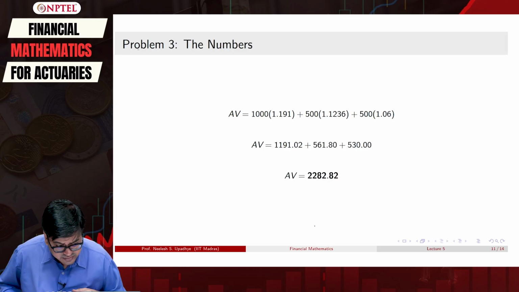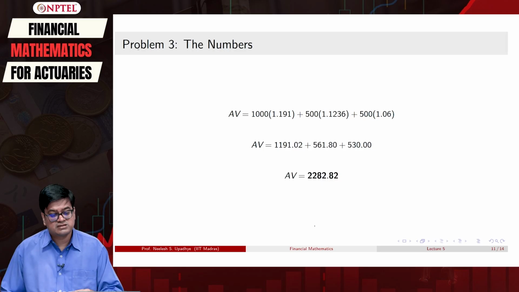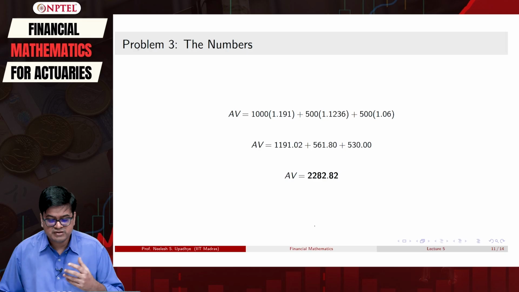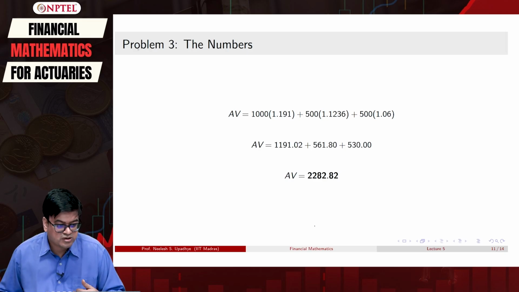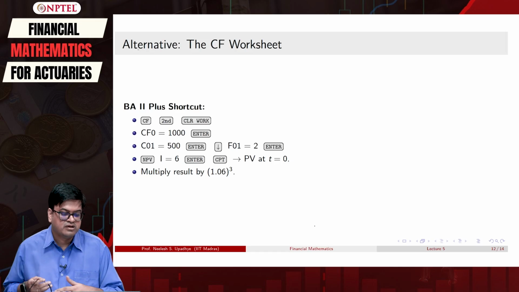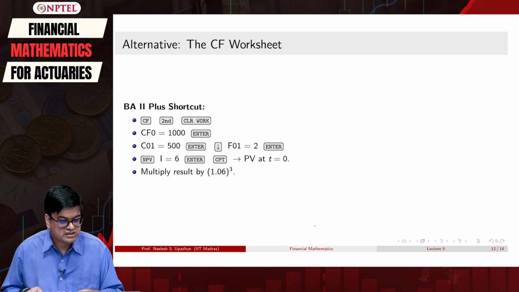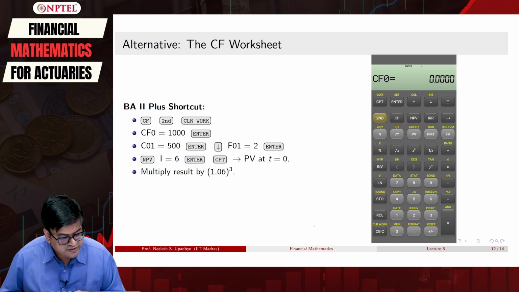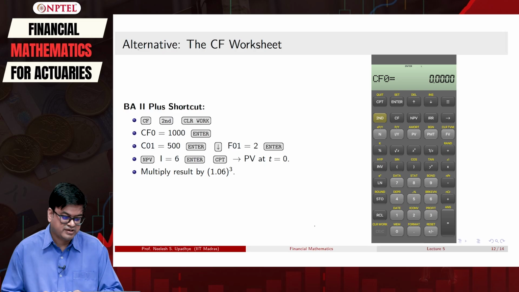Here with the BA II Plus calculator, you can minimize your time, or you can work more efficiently. Here is a demo of that. You choose these keys: cash flow, CF, second, clear work.